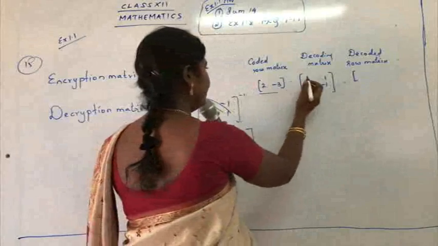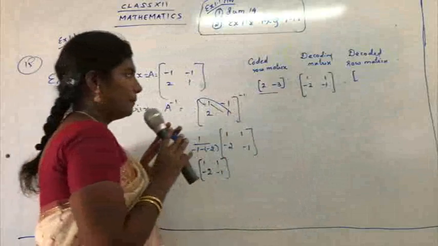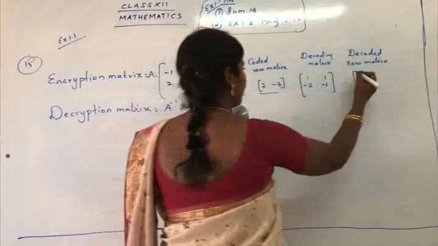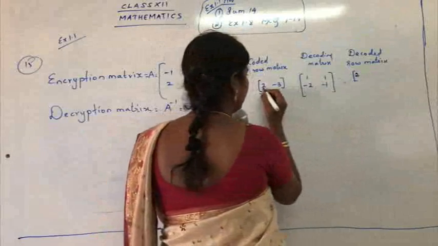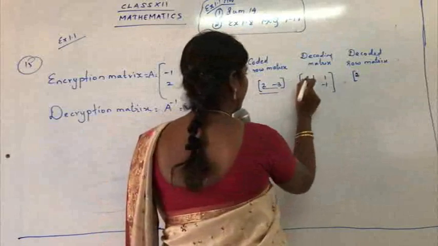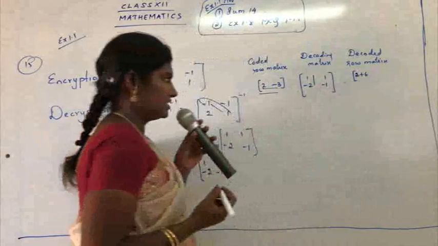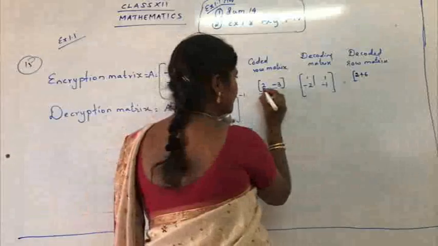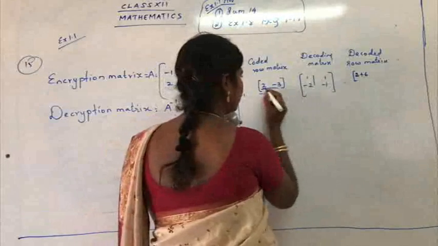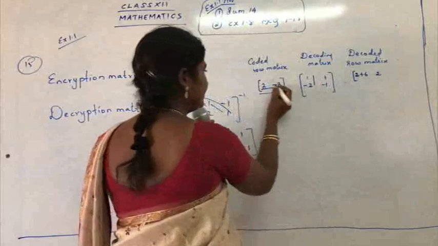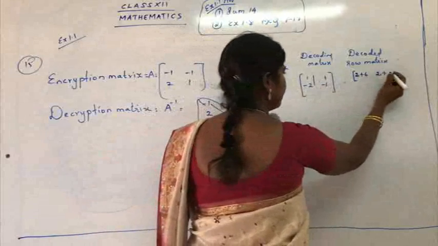So let's see how to multiply. It's 2 into 1, 2, minus 3 into minus 2, it's plus 6. So you get 8 here. Again, the first row and the second column: 2 into 1, it's 2, minus 3 into minus 1, that's plus 3.